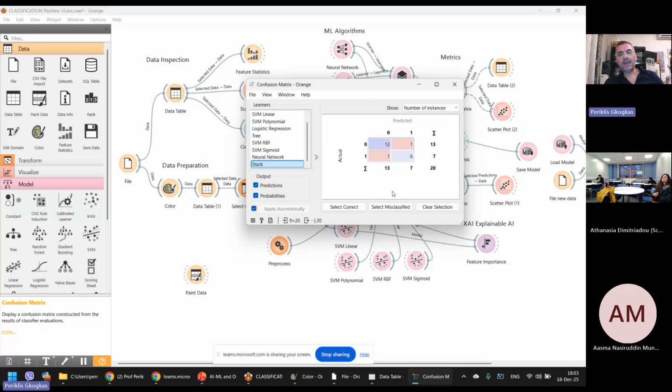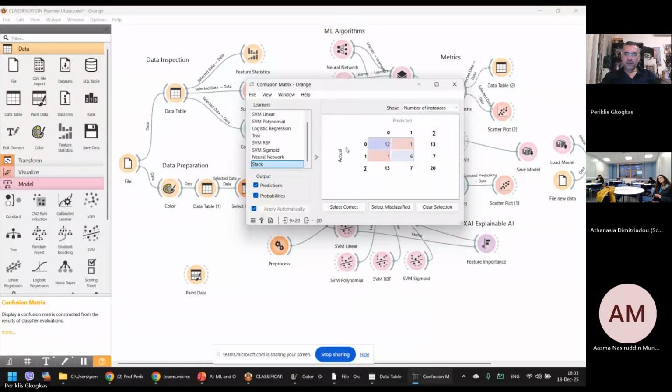Okay, now it provides here the number of instances we see on the main diagonal. This one is the main diagonal, and this is the secondary diagonal. The blue ones are the correct classifications.